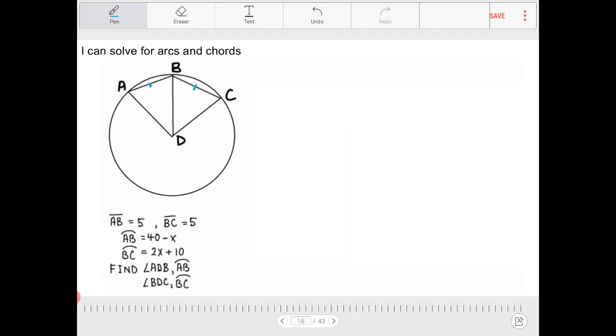So immediately I know that arc AB and arc BC will be the same, because congruent chords intercept congruent arcs. If that's the case, then we can say 40 minus x is equal to 2x plus 10. I can then add x and subtract 10 from both sides. I end up with 3x is equal to 30, or x is equal to 10.